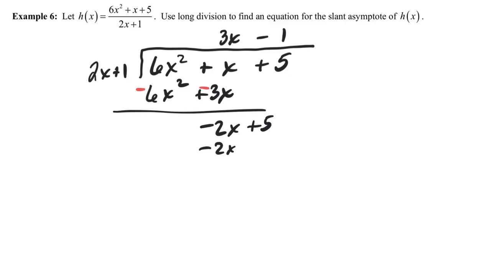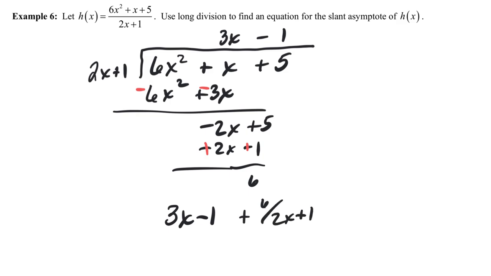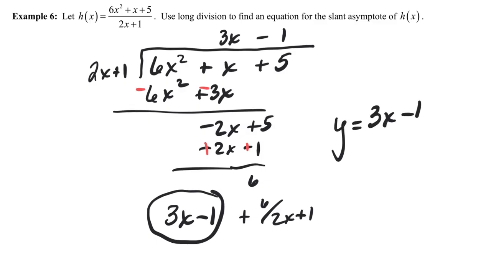That gives me negative 2x minus 1. Change the signs, add together, and I get 6. What is that? 3x minus 1 plus 6 over 2x plus 1. So if I was looking for the slant asymptote, I would say y equals 3x minus 1.